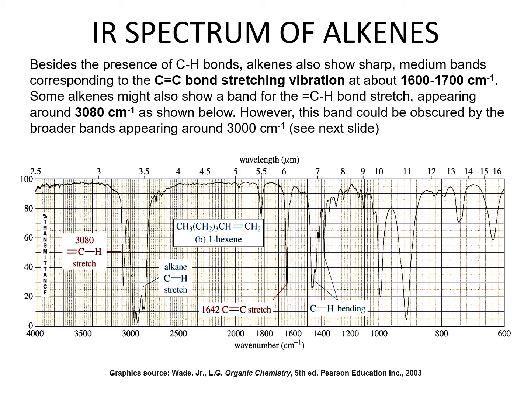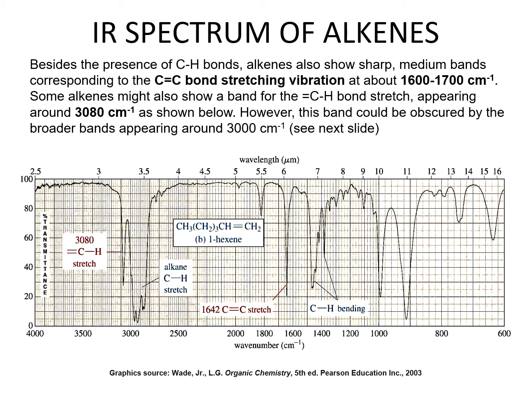And then also you have a peak at 3080, which is different. You have a carbon-hydrogen stretch, but this is the carbon that is an sp2 carbon. It's got a double bond on it, so it's that double bond, the alkene part. And that's slightly more energy. It's higher in wave number because of that double bond.